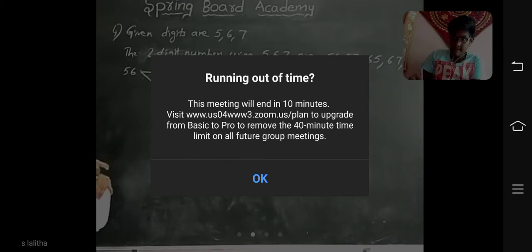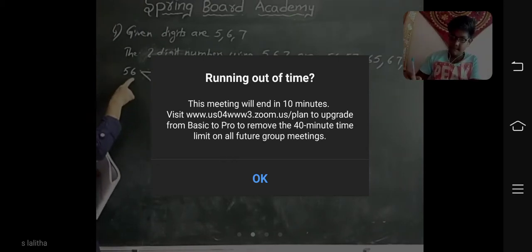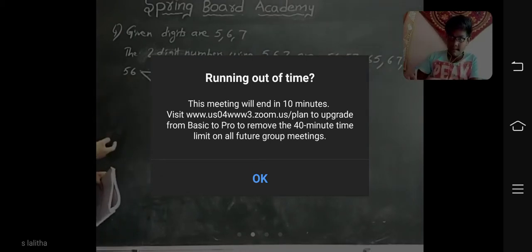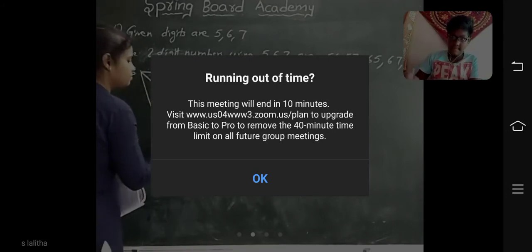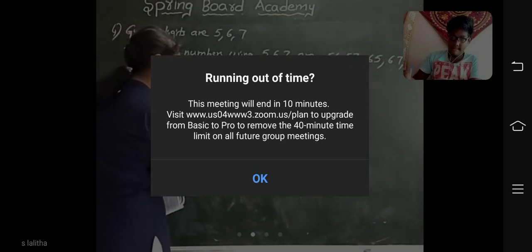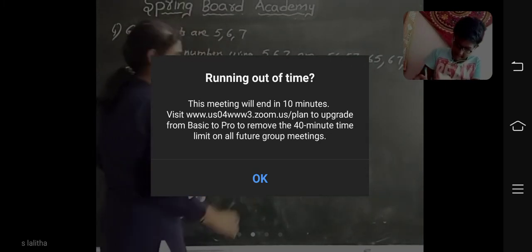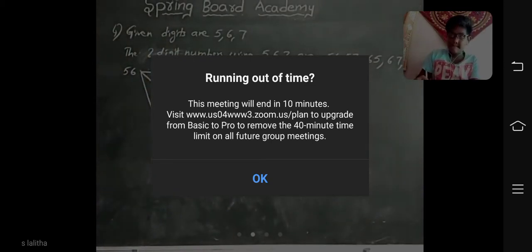What is the rule for 5? If in the ones place it is 0 or 5, then the number is divisible by 5. But here in the ones place there is no 0, no 5. So it is not divisible by 5.